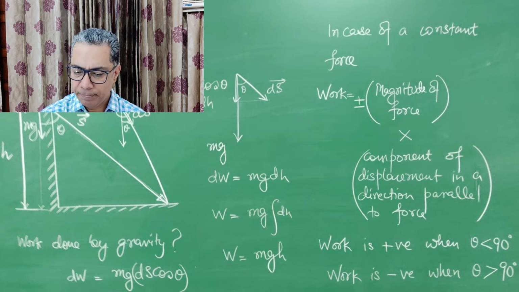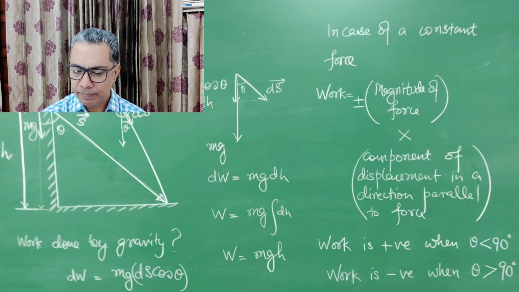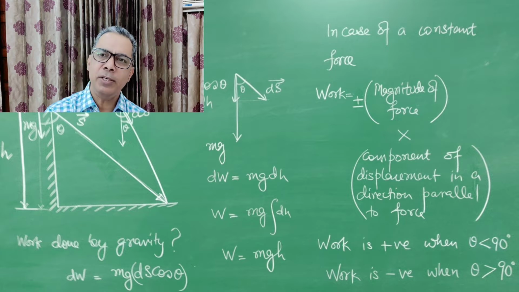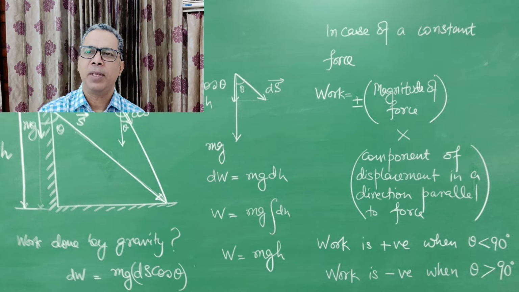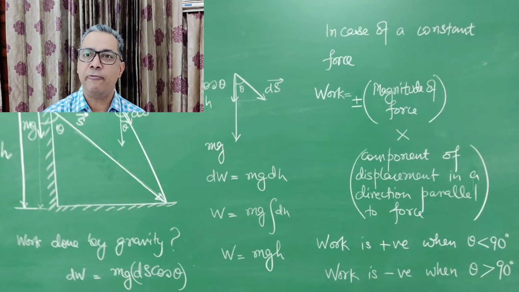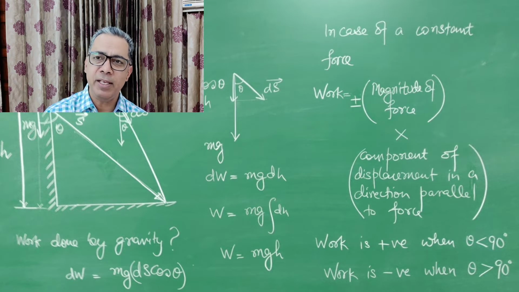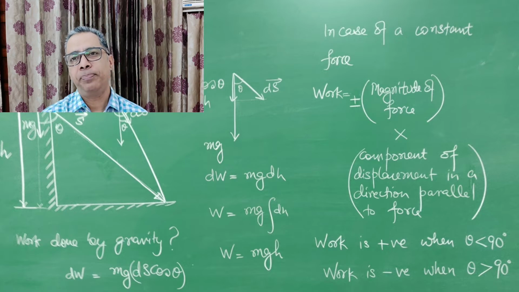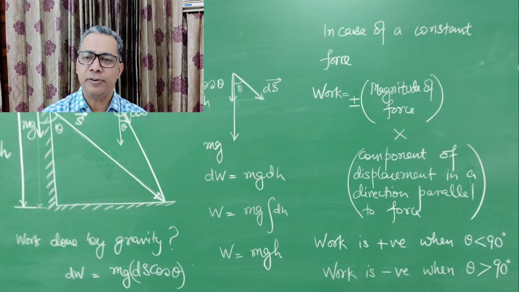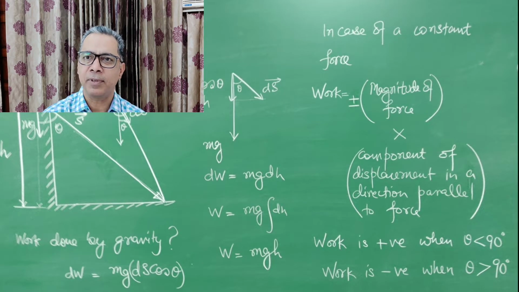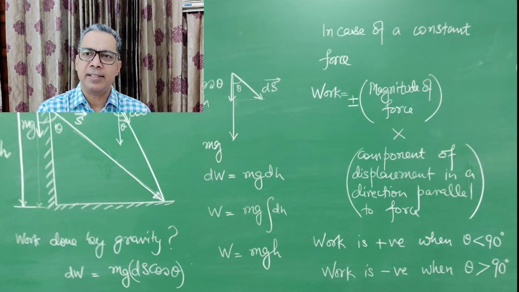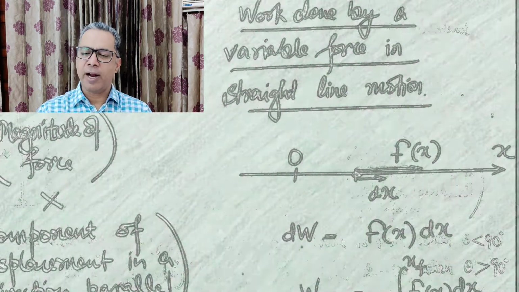Now in our next example, we are going to learn how to calculate the work done by a variable force. We are still keeping things a little simple. The motion is along a straight line, we'll call that straight line the x-axis to keep things simple for us.